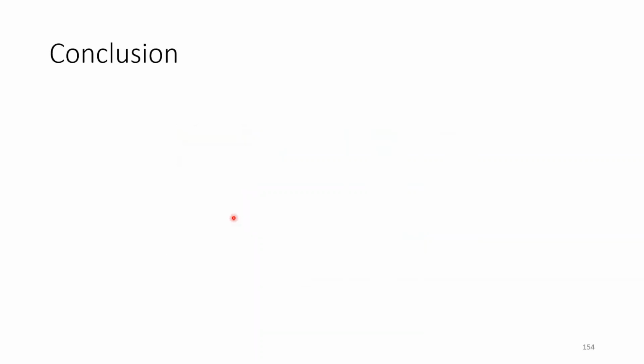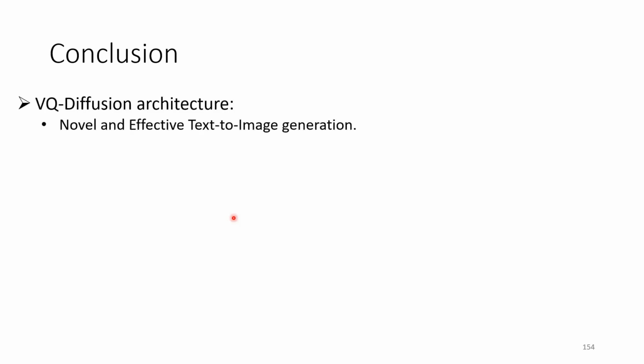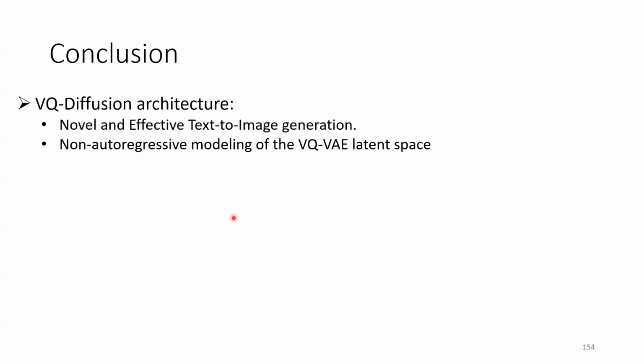So now to conclude, let's discuss what we talked about so far. First, we looked at the VQ diffusion architecture, which is a novel and effective architecture to generate images from text. And it does this by modeling the VQ-VAE latent space in an autoregressive manner. By doing it in an autoregressive manner, it eliminates the unidirectional bias that we have seen in previous works.